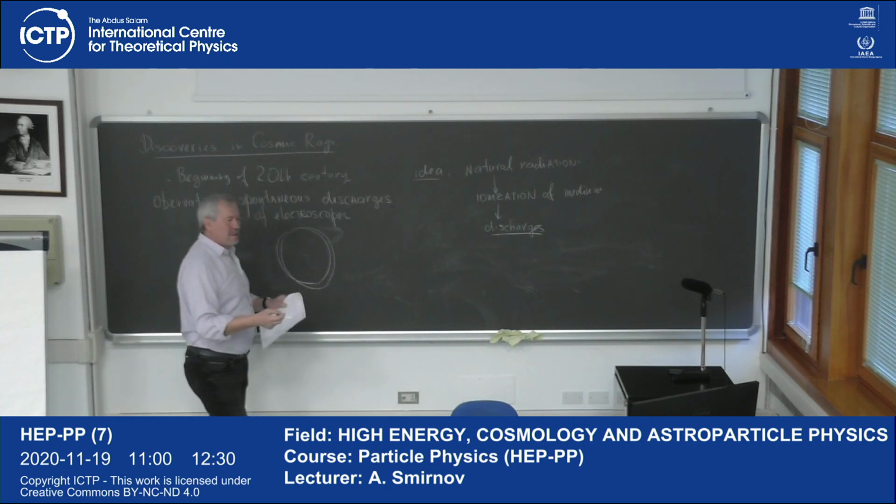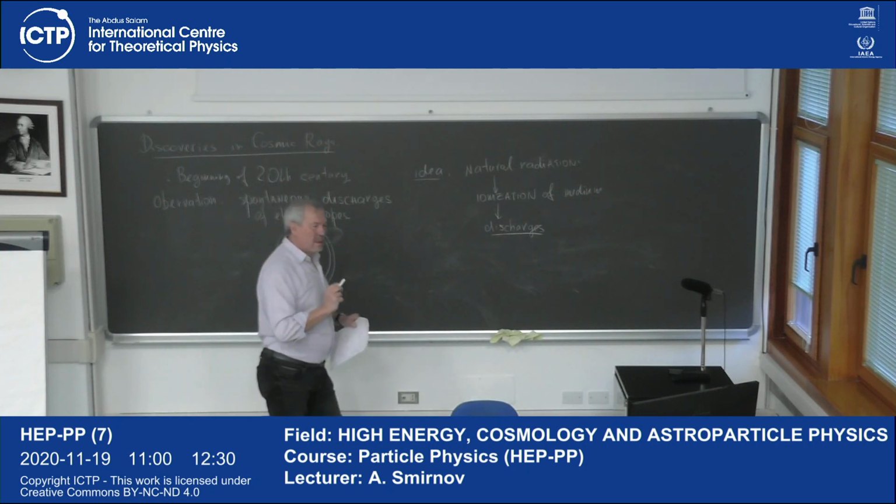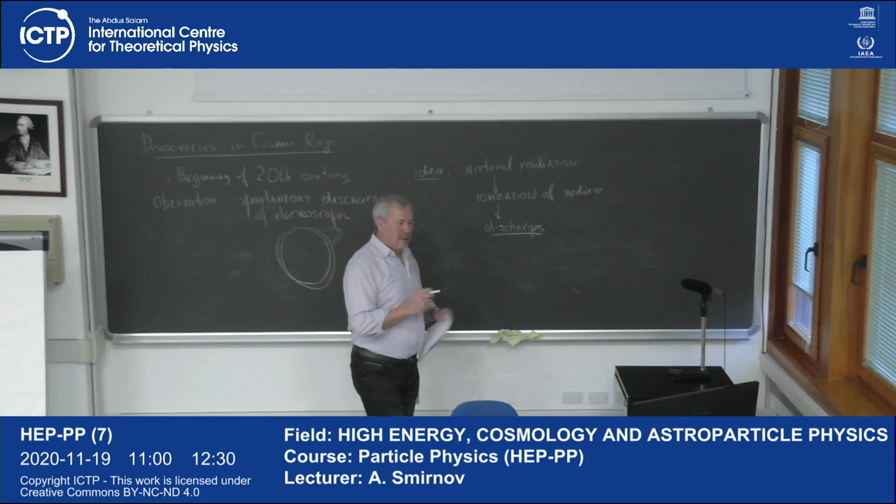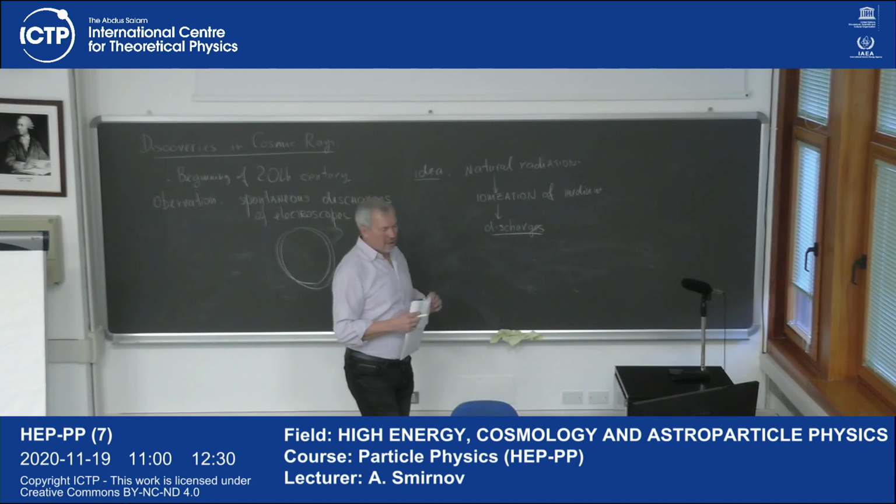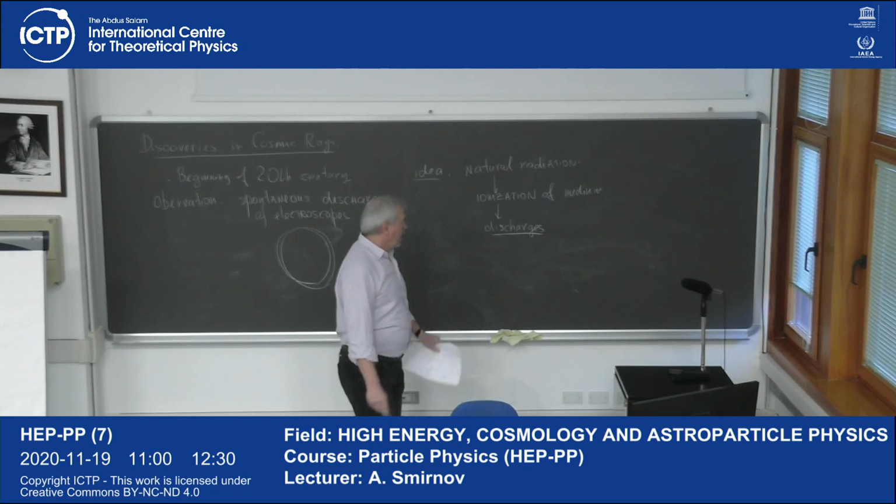Ionization means that you create electrons and ions, and of course if you have an electric field between the plates, they start to move, producing current, which leads to discharges of electroscopes.